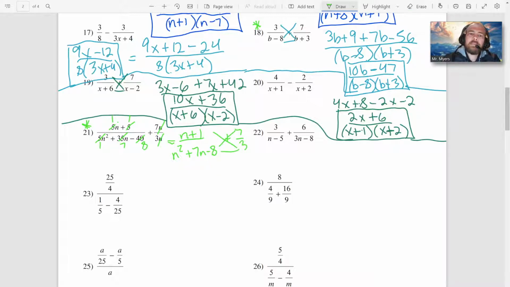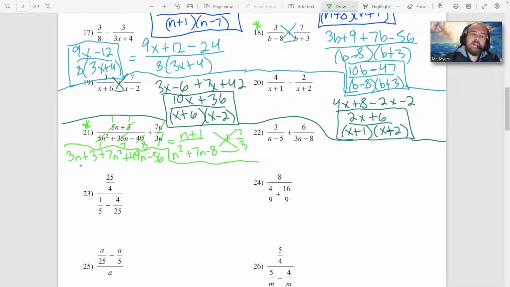So we crisscross applesauce again, and that would be 3n plus 3 plus 7n squared plus 49n minus 56. Let me divide this out a little bit here.